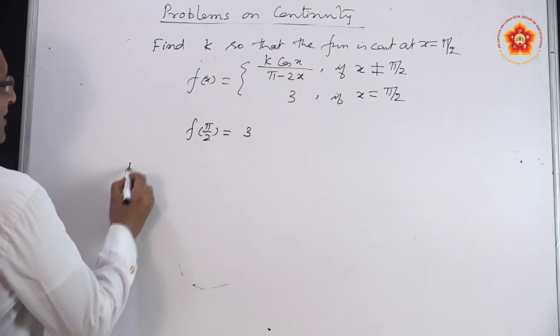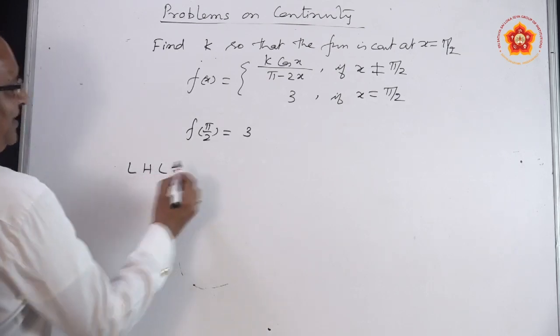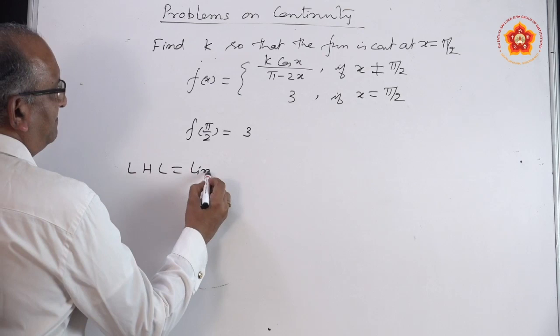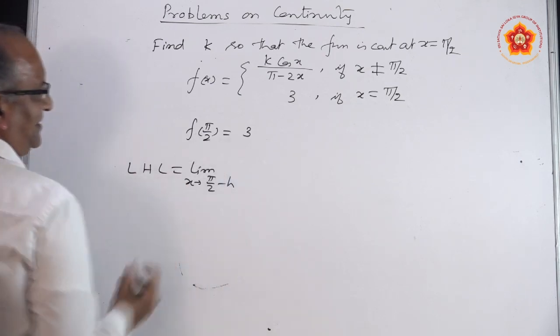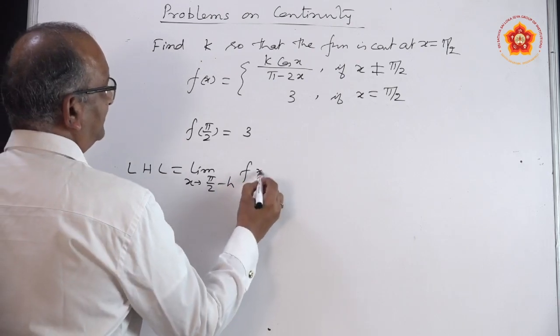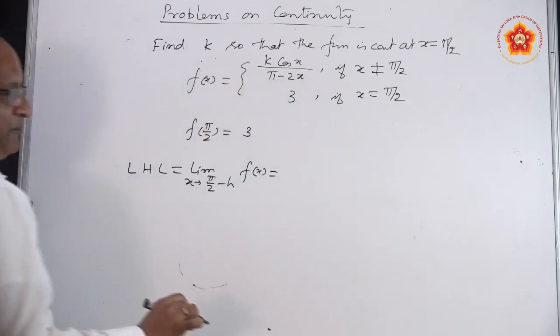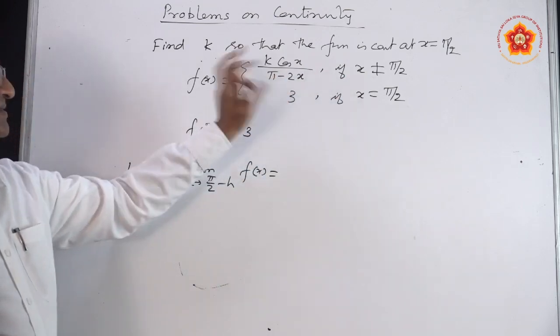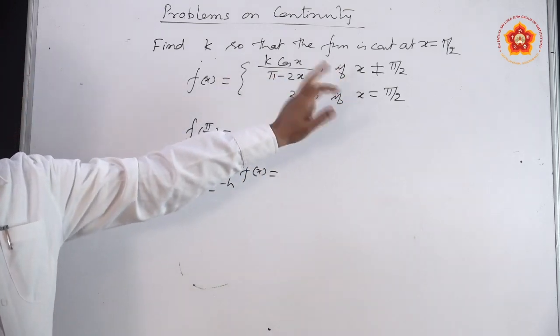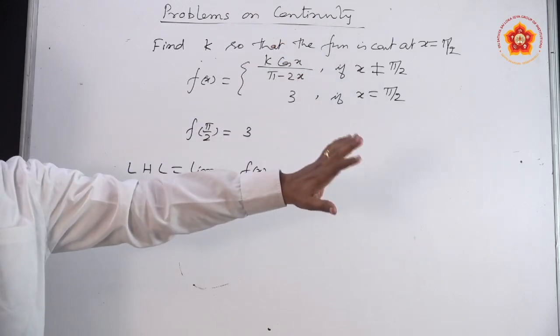Now, let us find out left hand limit. What is left hand limit? Limit x tending to pi by 2 minus h of f of x. Whether it is less than pi by 2, whether it is more than pi by 2, the function is same. Why? Because he has given that x is not equal to pi by 2.